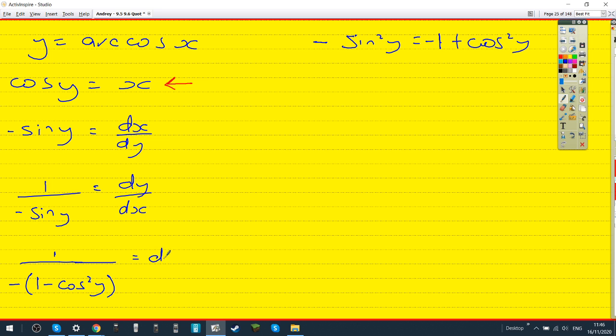Then sub in, so minus bracket 1 minus x squared. So dy dx is 1 over, and expand the negative bracket. What would you get? Minus 1 plus x squared. Yeah, and I'll write it as x squared minus 1. So dy dx of arc cos x is 1 over x squared minus 1.